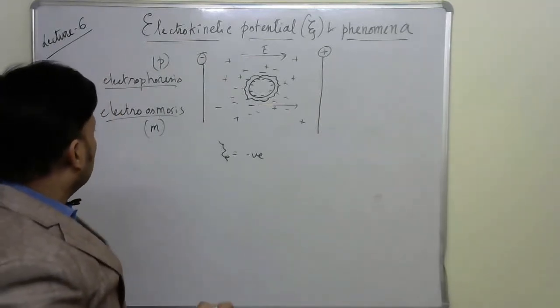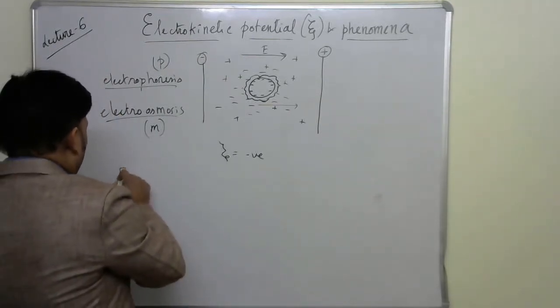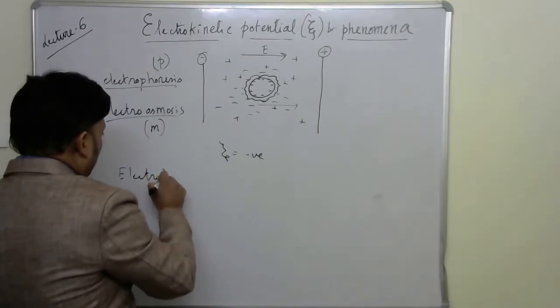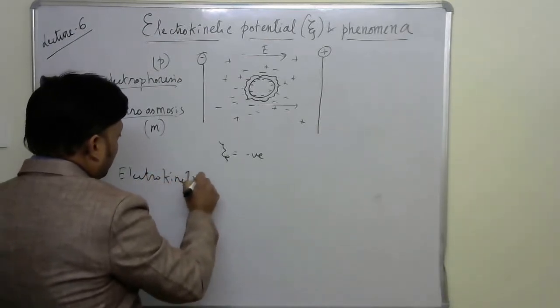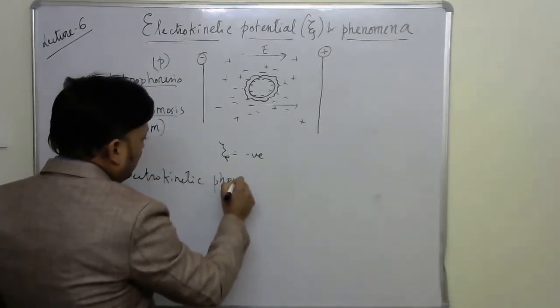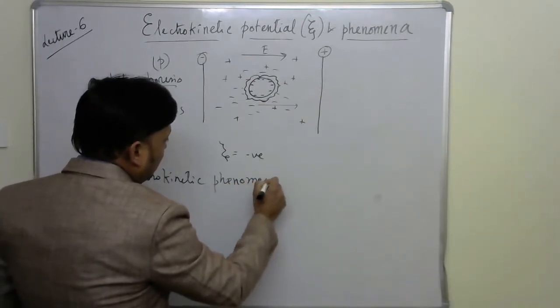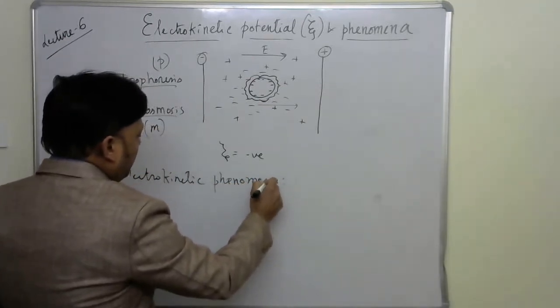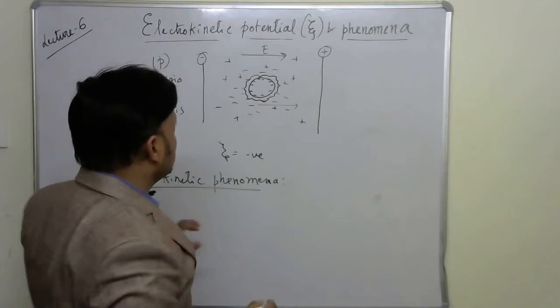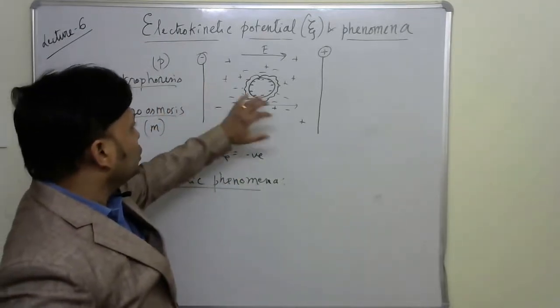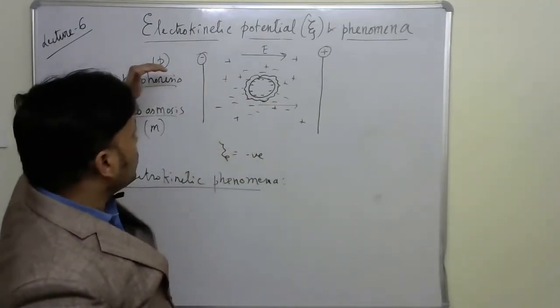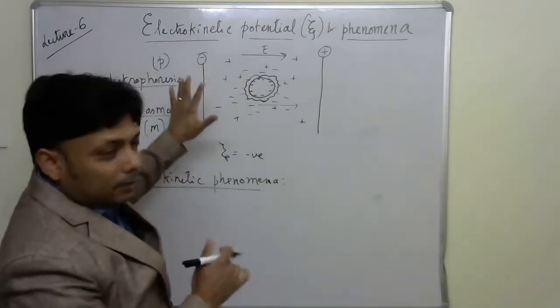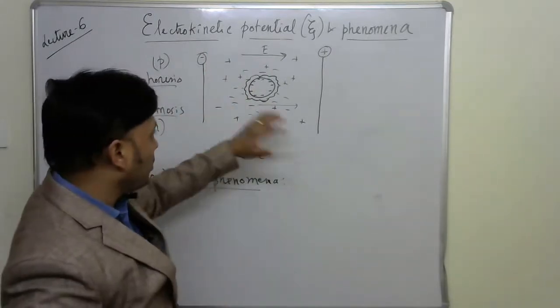So the general definition of the electrokinetic phenomena is something like this. So before we define it, let's try to understand. Here the charged particles are already there. Once we apply that electric field, something starts to move, either the particle or the medium.